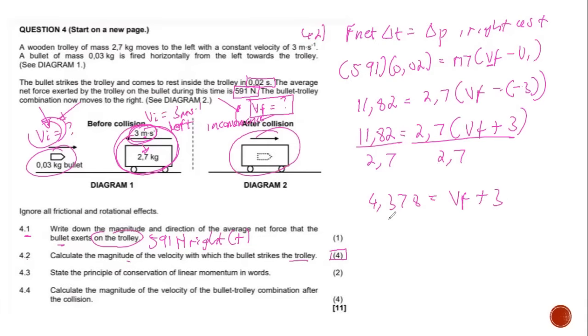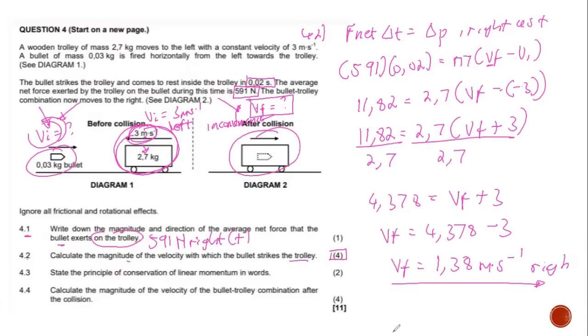Now, if I take this over to that side, that's VF, it's 4.378 minus 3. Then VF is that minus 3, which is 1 point. If I round off to 2 decimal places, it's now 1.38 meters per second, right? And then to which direction, since it came out as a positive, it's to the right.